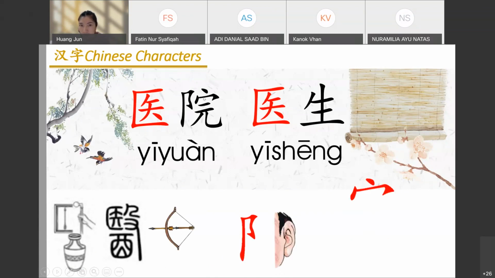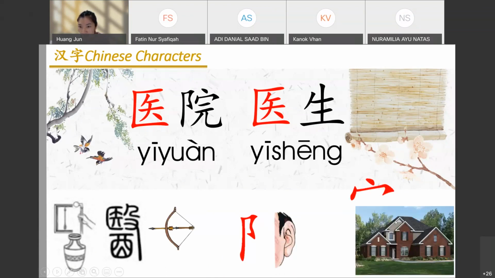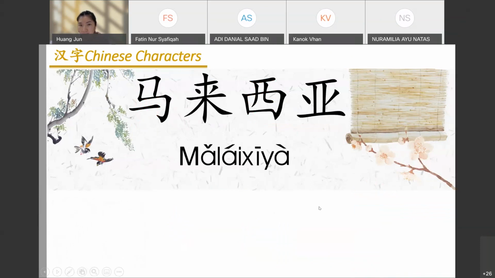The right side of the character means the roof of a building. So you have the building, which means a place, a place where you will receive treatment. So this is a hospital. Then the person who will treat you when you get hurt is a doctor. Okay, so 医院 and 医生.